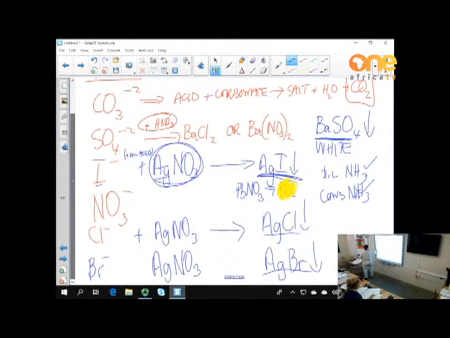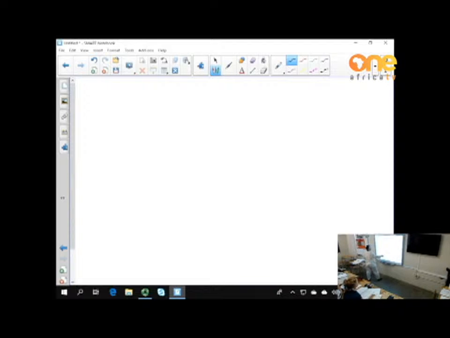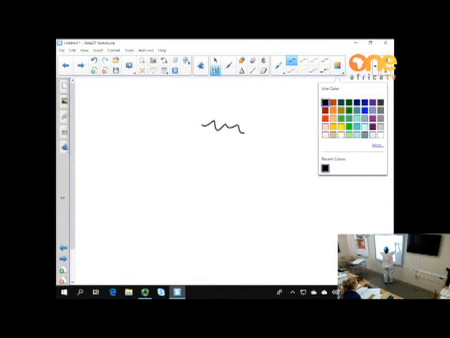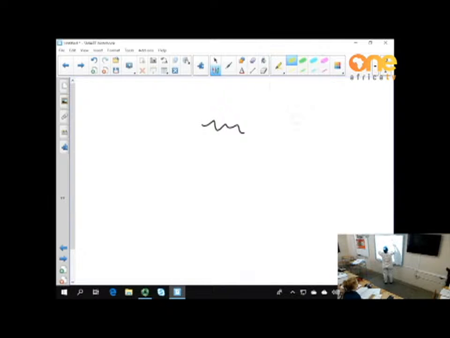The last one we have to do is the test for nitrates. Now I'm going to carry on to the next page. Now I'm out of my pen, and I don't want to be out of my pen. Seriously. Pen. Oh, come on.